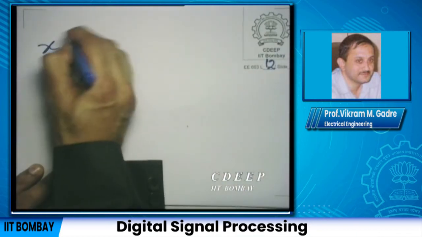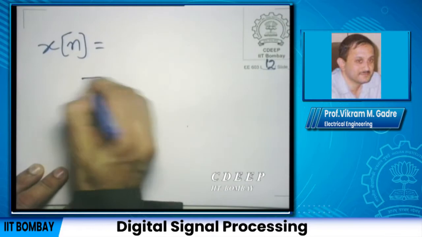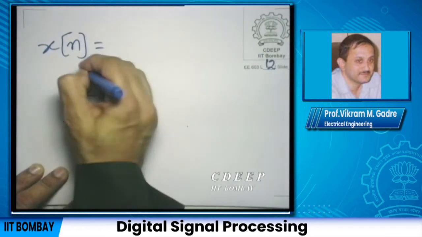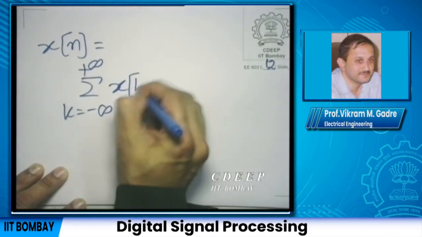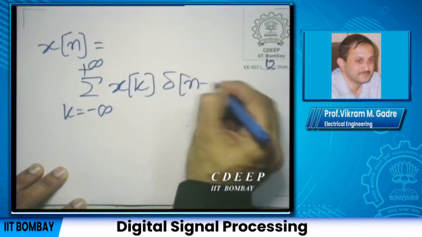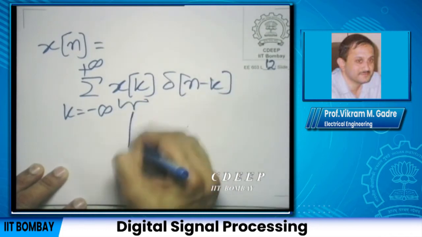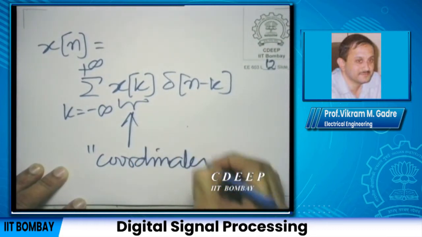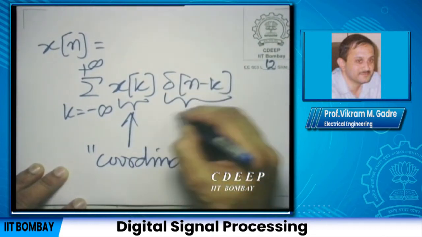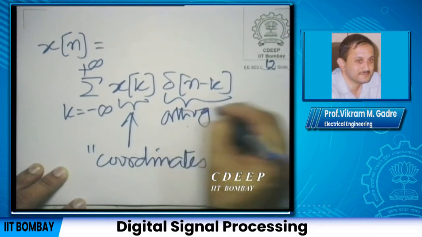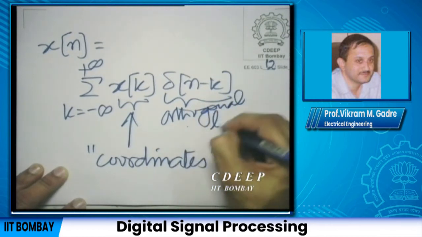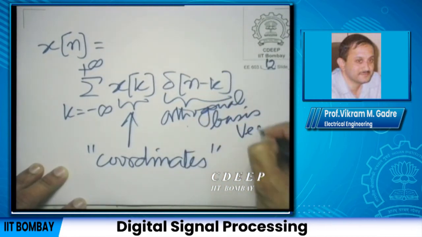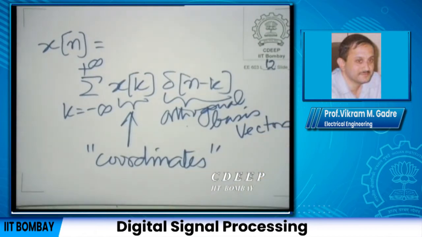You said that x[n] is summation k going from minus to plus infinity, x[k] delta[n minus k], and here the x[k] were like the coordinates, if you recall, and these were like the orthogonal basis vectors. Now, here of course this is exact.